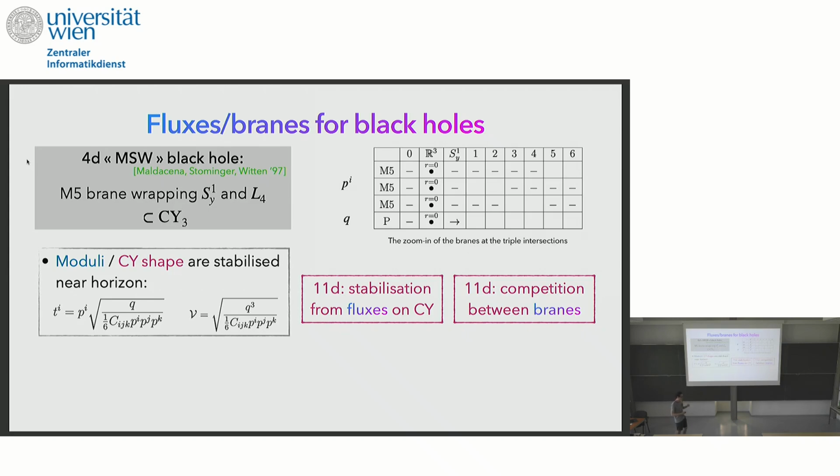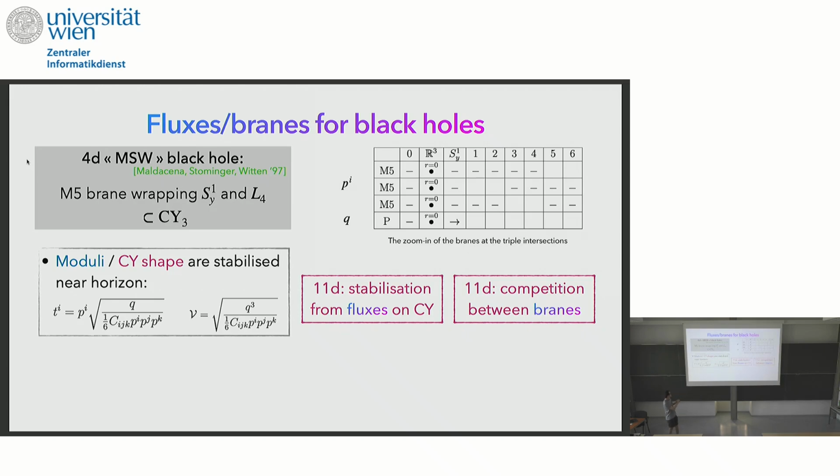From the 11-dimensional perspective, this attractor mechanism can be understood as the shape of the Calabi-Yau being stabilized near the horizon. And how does it get stabilized? It gets stabilized by fluxes. But you can understand that from a brane perspective, because whenever you have a parameter that controls the size of one of your cycles, the size of this cycle is going to be a competition between the branes that are wrapping this cycle and the branes that are orthogonal to that cycle.